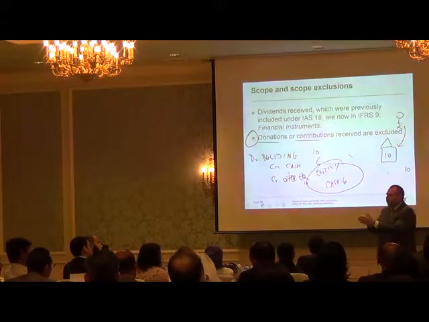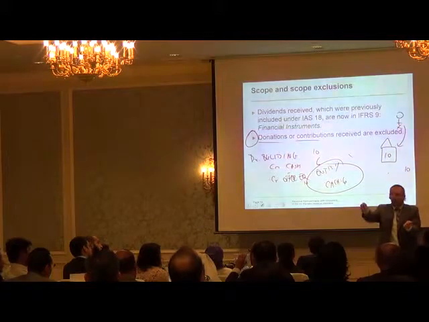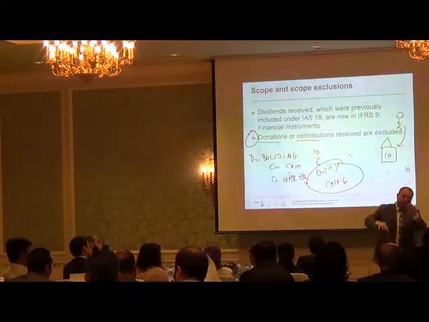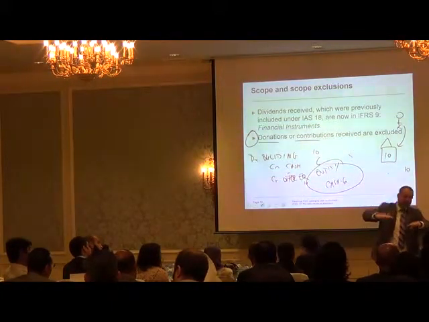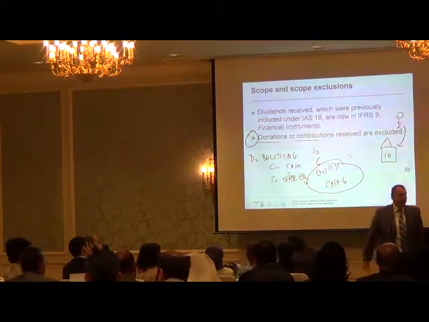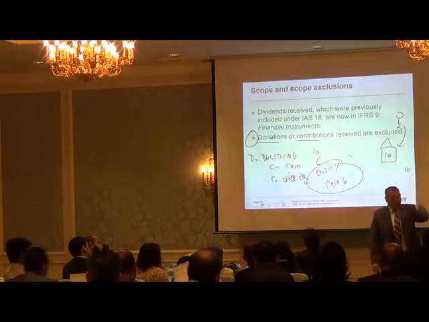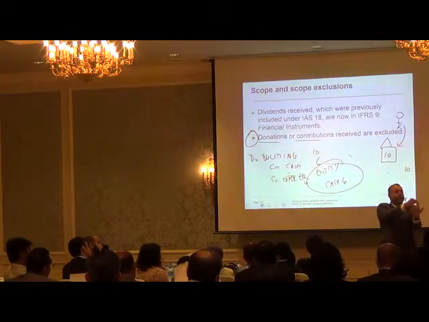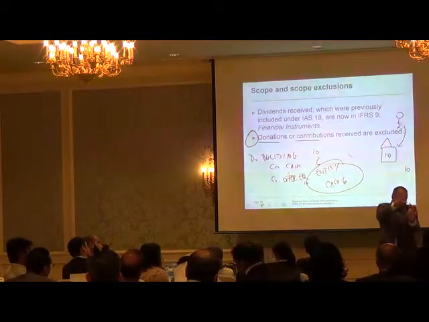So if you only chose the owner because you prefer to do it with the owner, but at the end of the day you've done it on normal terms, that is not going to be an owner's transaction. So it must be with the owner and in the capacity of the owner, and this is the important one, in the capacity. Okay? So would you do it with anybody else?